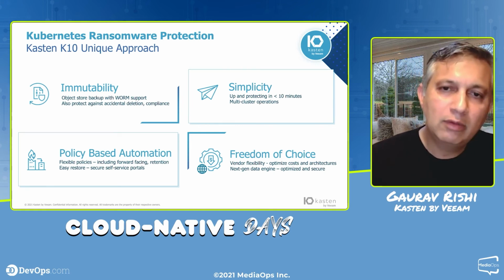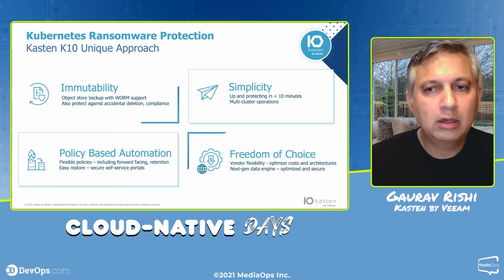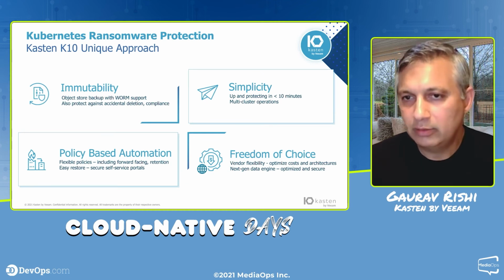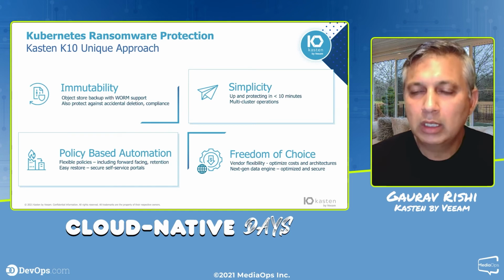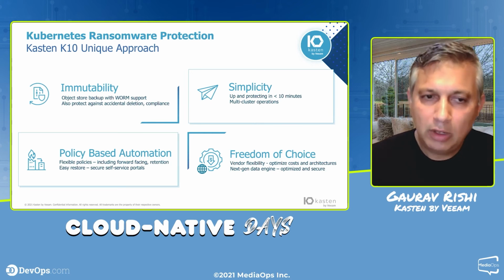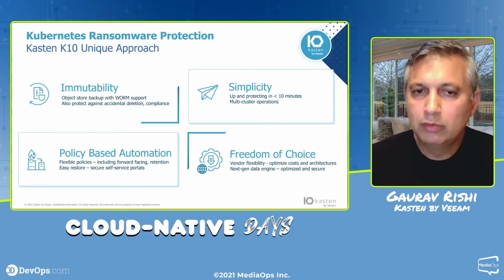And we can do this in a very simple to use manner, where I talked about automated policies, because when you're working in a ransomware environment, your entire operations team is under pressure and needs to get back to a known good state in a very quick manner. So policy-based automation, trying to remove human errors out of the equation, is something that is built into Kasten K10.